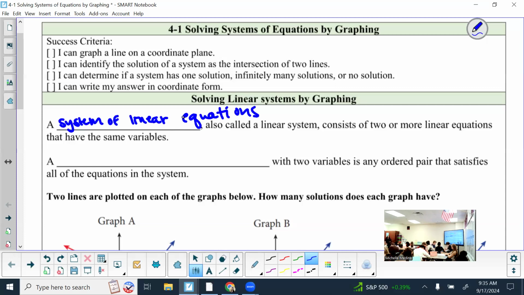How do linear equations look when we graph them? How do I know if something's linear when I'm looking at the graph? Yes, a straight line. So linear, it's kind of in the name, line, straight lines is what we're looking at.